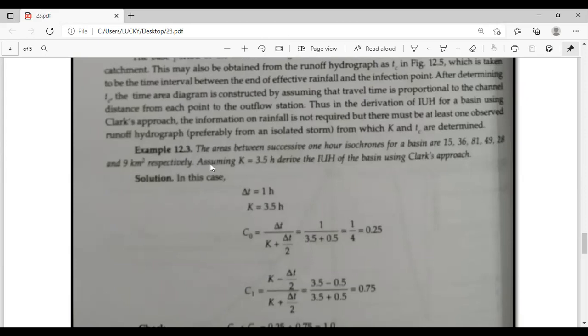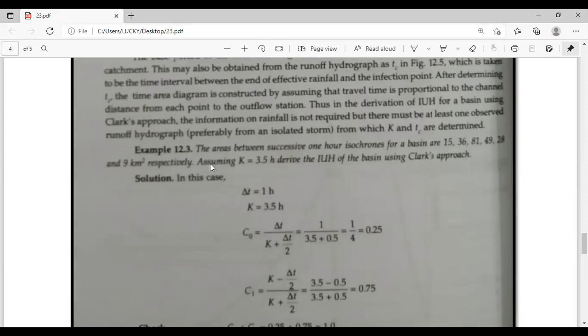Assuming K is equal to 3.5 hours, derive the instantaneous unit hydrograph of the basin using Clark approach. Solution: guys, here delta T is equal to 1 hour.